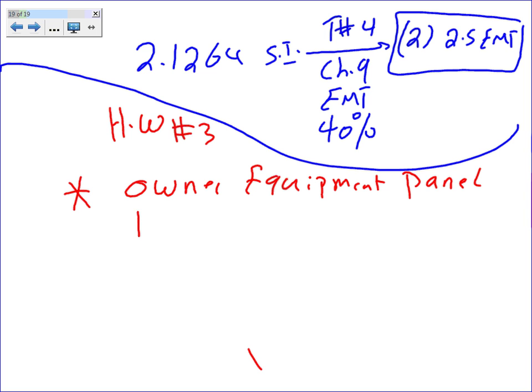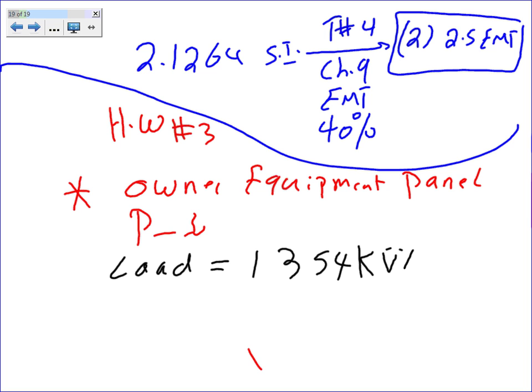The name of the panel is P-1. The load in this panel, my friend, is 1,354 kVA. Everything is derated. So that's the panel. It's a panel, it's not a service.